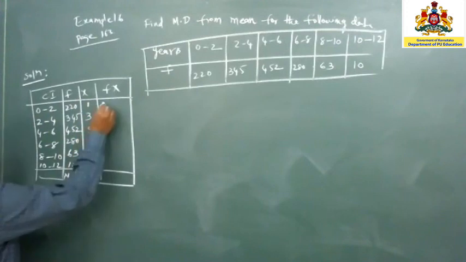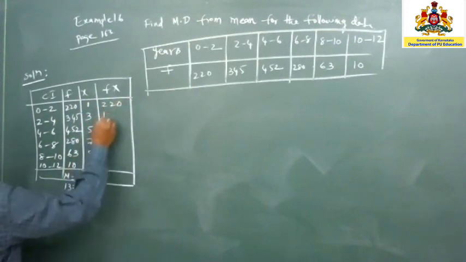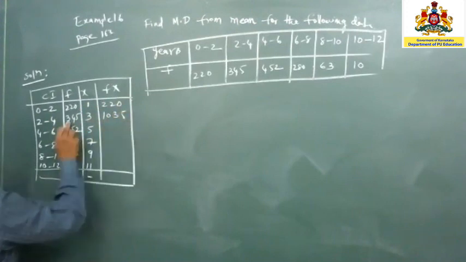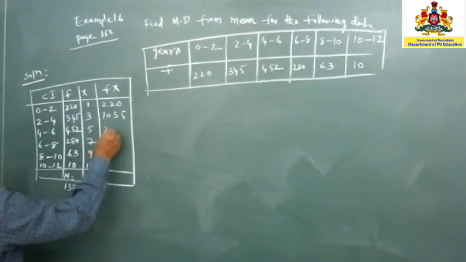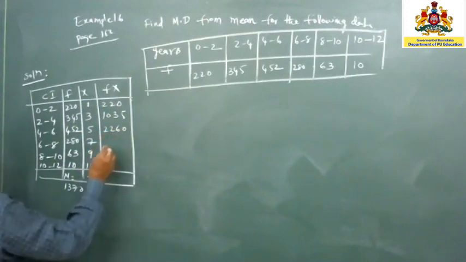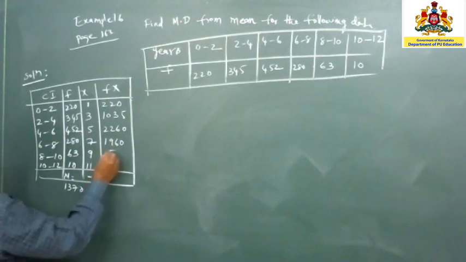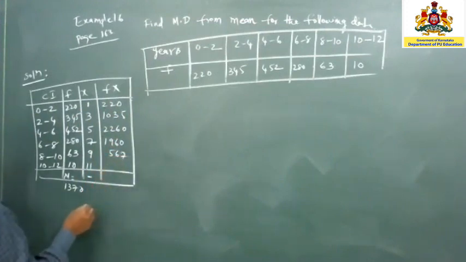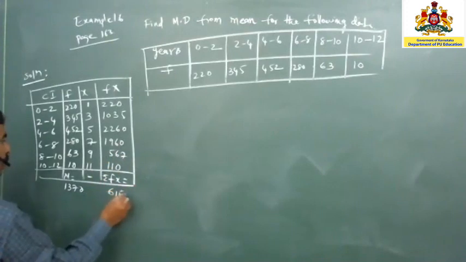The fx values: the first value is 220, then 345 into 3 is 1035. Use the calculator: 2260, 1960, 567, 110. The summation fx is 6152.